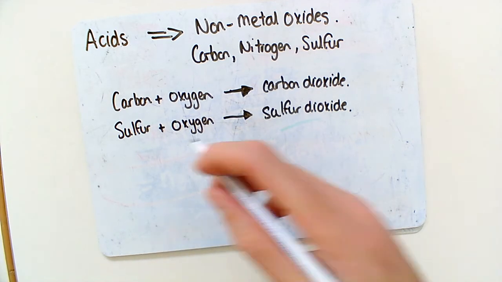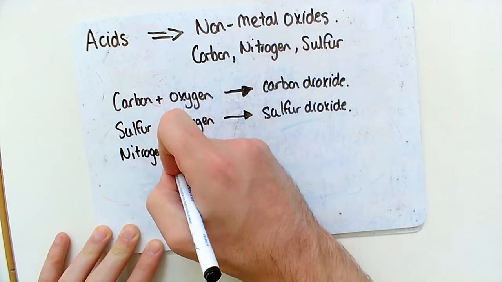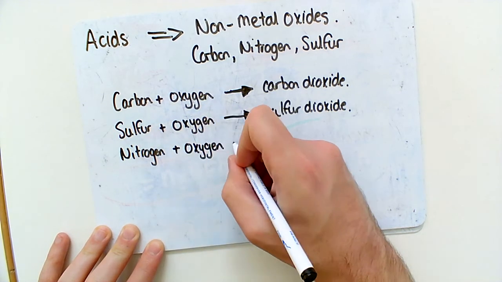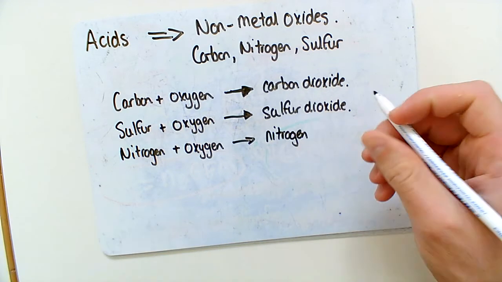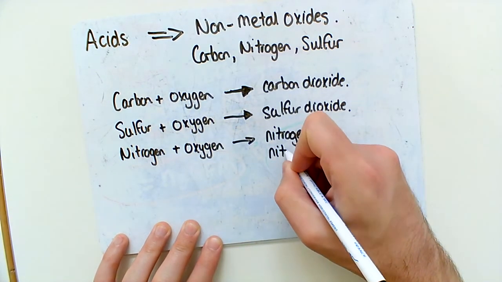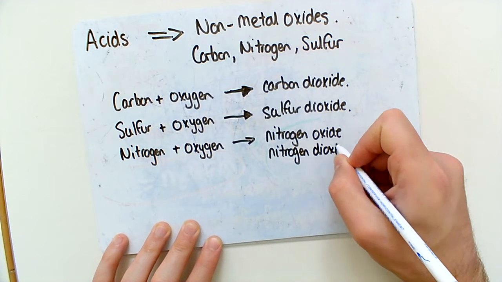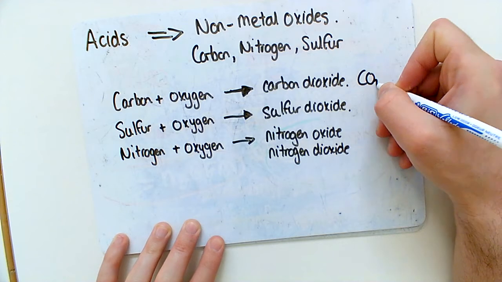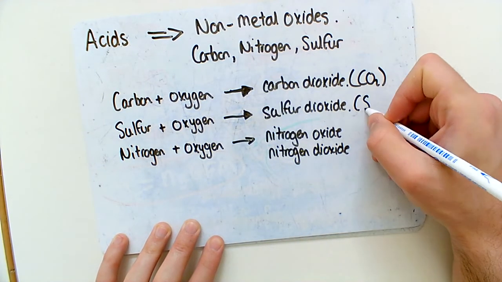And the final one, nitrogen. Nitrogen plus oxygen gives us nitrogen oxide, and you can also get nitrogen dioxide. If I write in the chemical formulas, dioxide means two oxygens, so CO2. Sulfur dioxide means two oxygens as well.